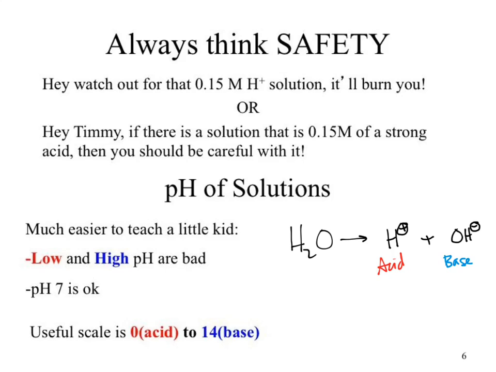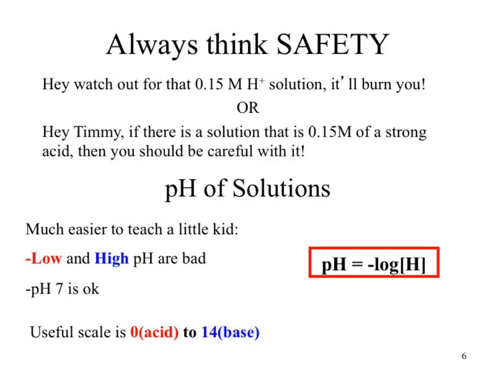Minus log. It's the negative log. So if you want to figure out the pH for any solution, what do you have to do? Go to your calculator, hit the plus-minus thing to get the negative sign, log whatever the concentration of your H+ is. Return, there's your pH.